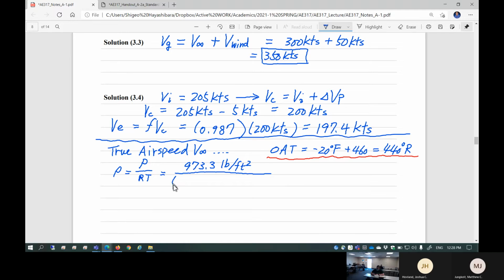Gas constant 1,716 foot-pound per slug Rankine. Temperature is 440 Rankine. What is density?